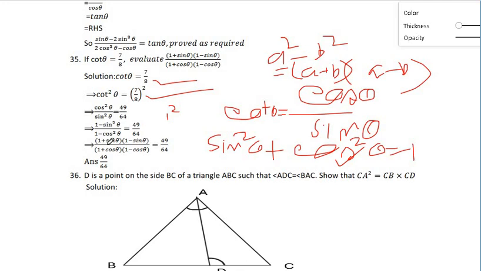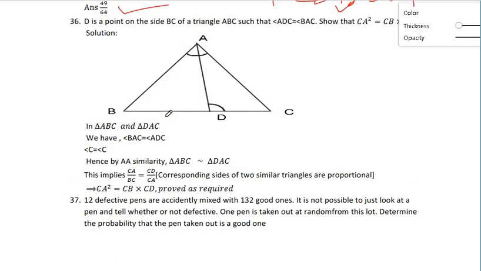So 1 plus sin theta and 1 minus sin theta. 1 minus cos square theta means 1 square minus cos square theta, 1 plus cos theta into 1 minus cos theta. So right hand side same, 49 by 64. So the answer is 49 by 64. You can use the perpendicular, base, hypotenuse concept also to find this value, but this is a little easier.